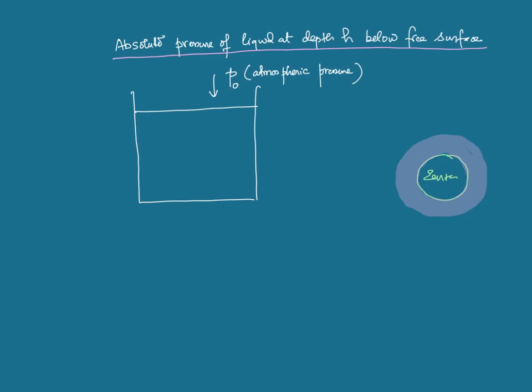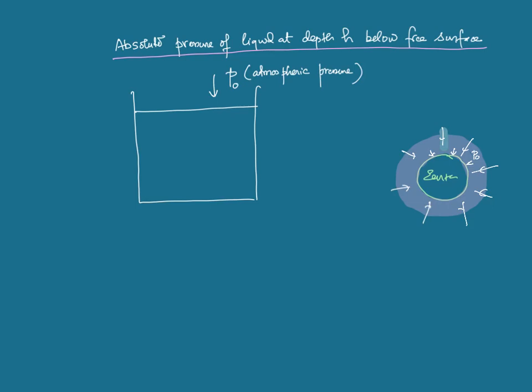So this will exert a force, obviously, and the weight due to that force gives you this atmospheric pressure on the surface of earth.